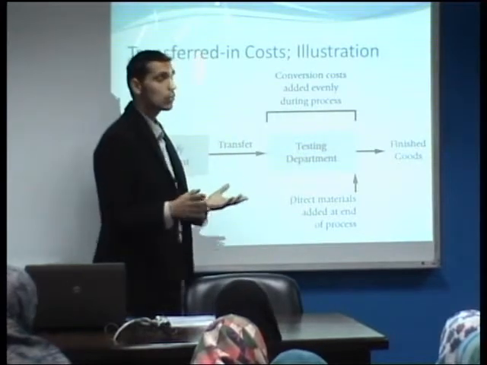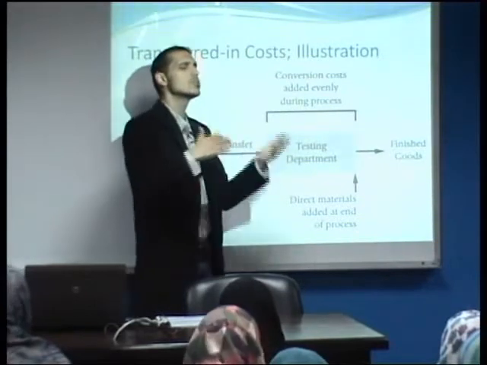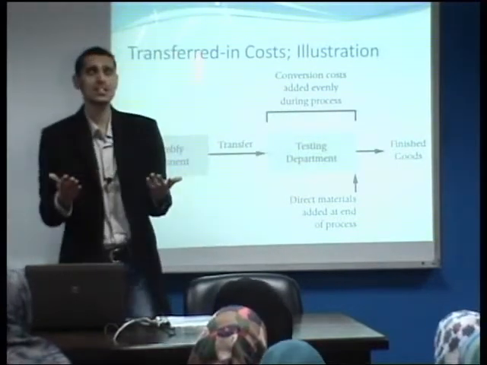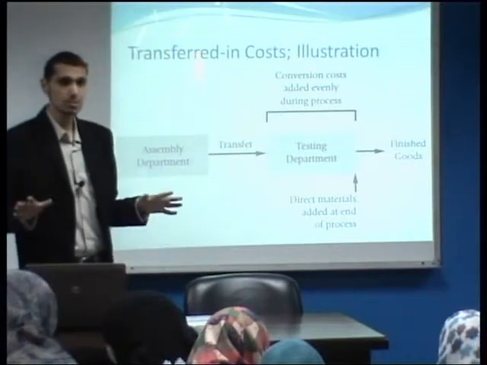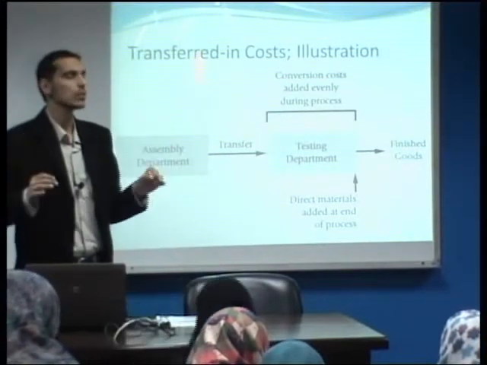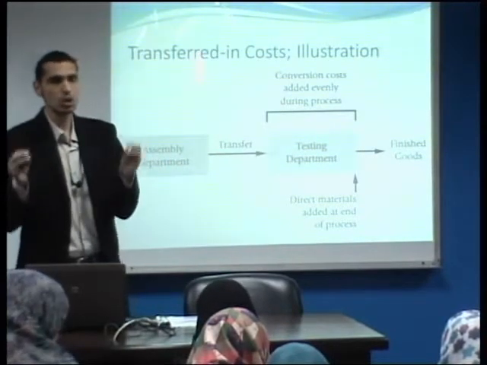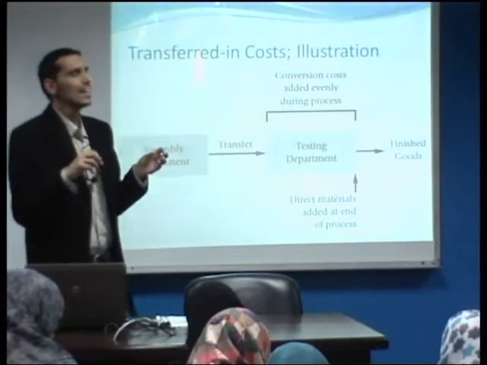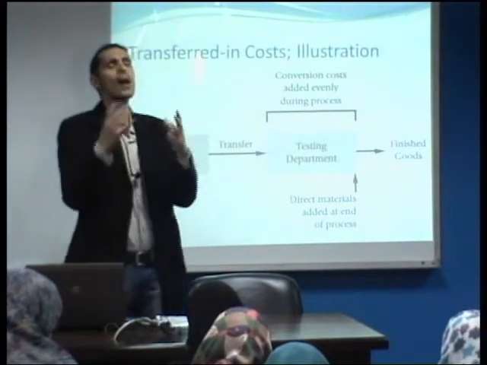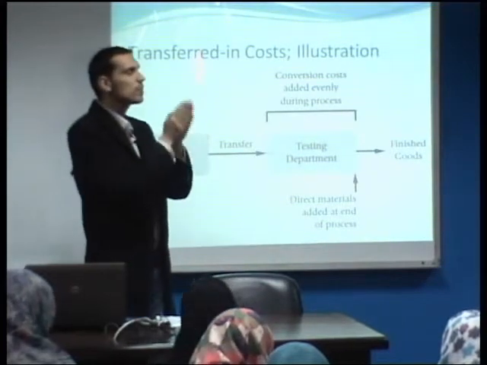Of course, we need to consider, according to the testing department, what the different cost categories are. The first thing that we need to determine in applying process costing is the different cost categories.